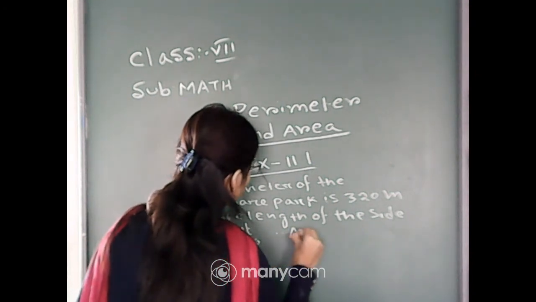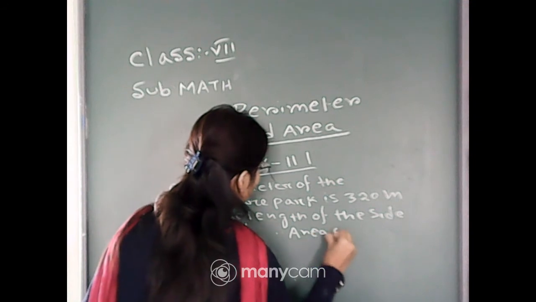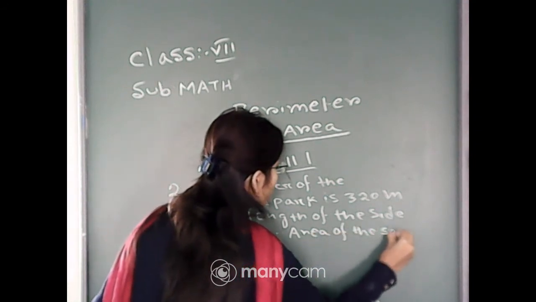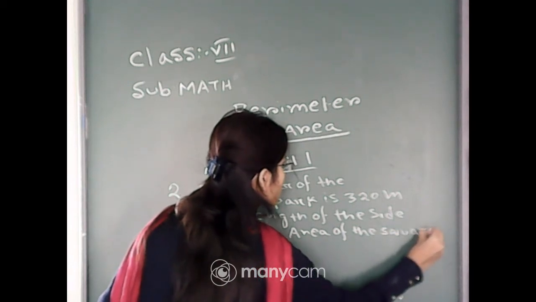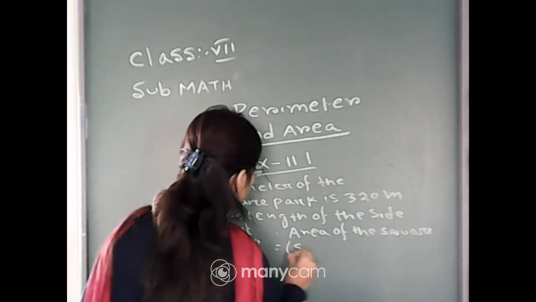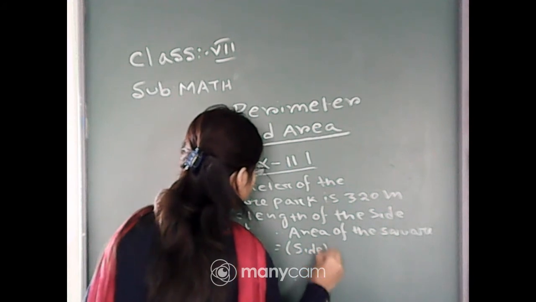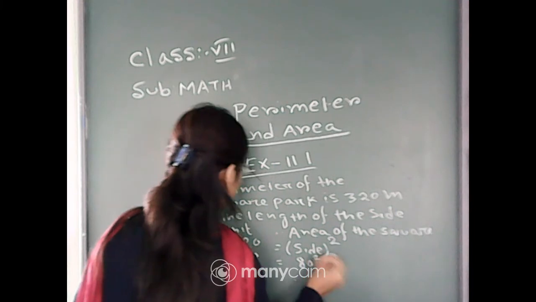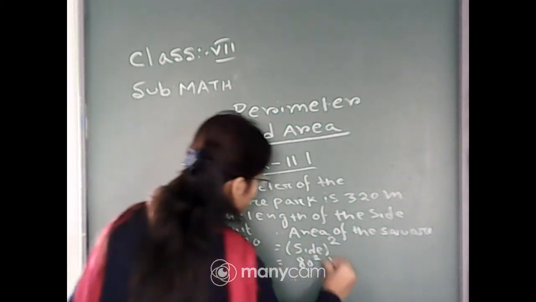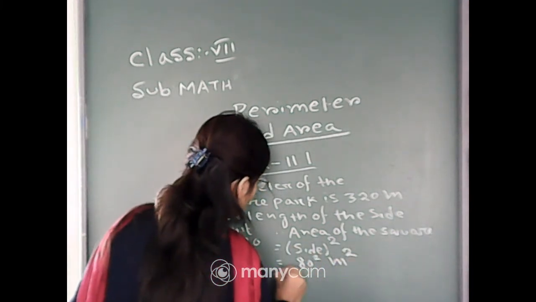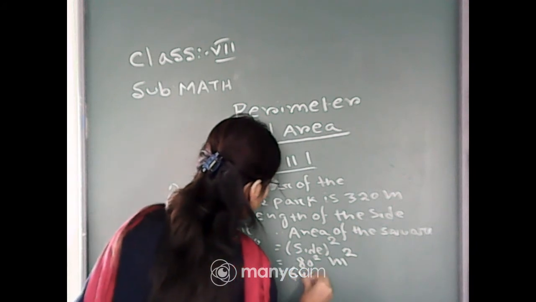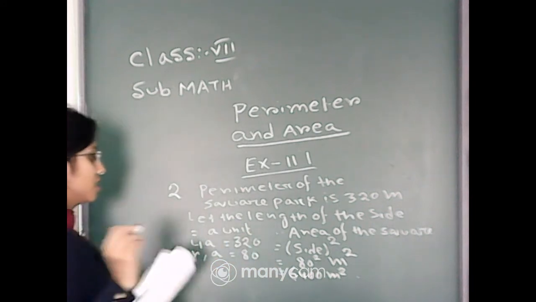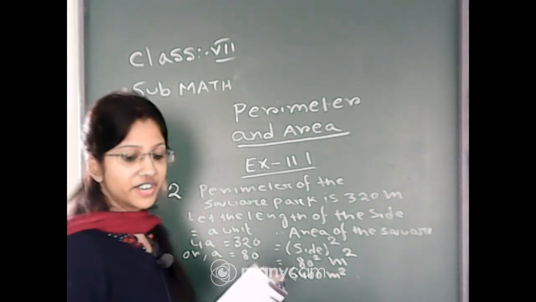Now, area of the square is equal to side squared, that is 80 squared, and therefore the answer is 6,400 meters square.